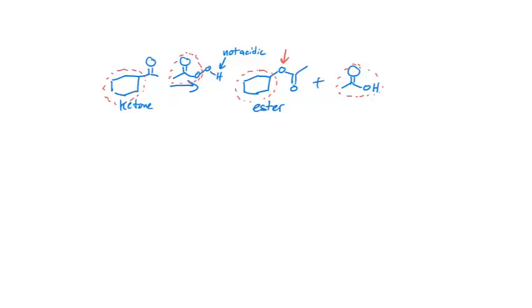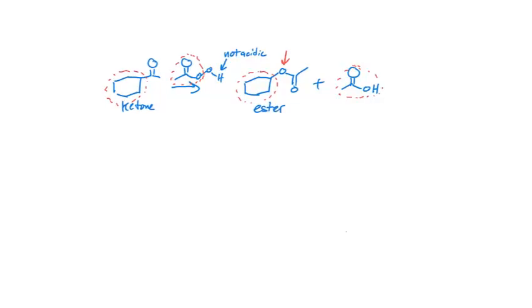The first step in this reaction is to use a lone pair on this extra oxygen and attack the ketone carbonyl. And we get this intermediate here that has an anion on the O and a cation on the other oxygen.